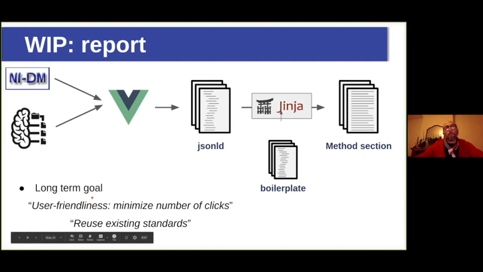Another goal of the project is that we want to reuse existing standards like BIDS. So where I'm going with this is that ideally, what we're aiming for is for the app to be able to use as input either a BIDS data set or an IDM results, that I'll talk about a little bit later, and extract as much information from those standards so that all the parts related in the checklist to the data contained either in a BIDS data set or in an IDM results are completely filled automatically.